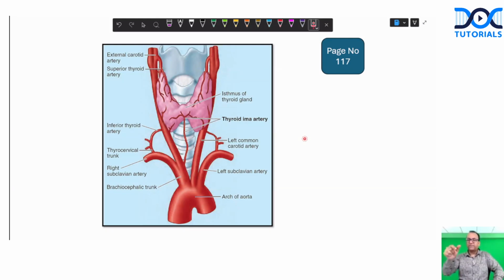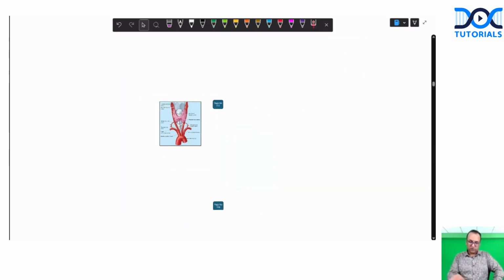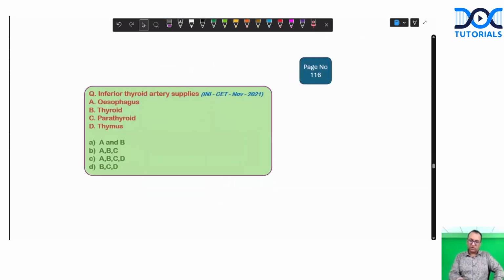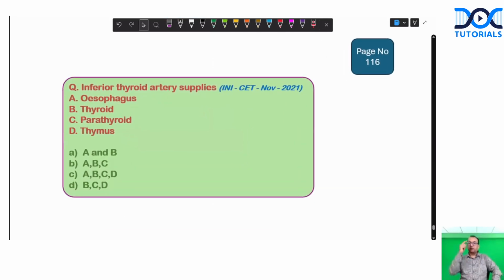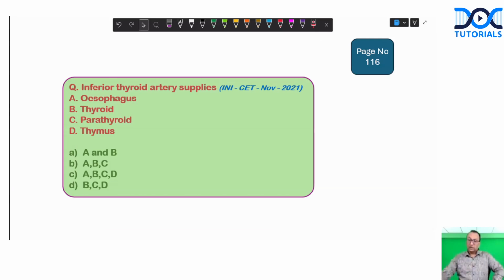I'll quickly tell. Okay, don't worry. I'll tell this. But before that, let us just finish off this. And it is finished almost. You have to take care of this question on page number 116. I'll talk about the maxillary artery branches to Little's area of epistaxis. That is important.